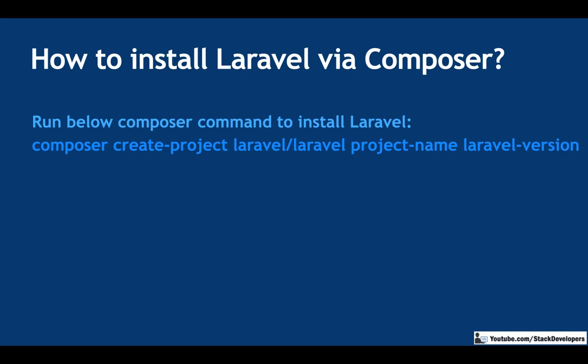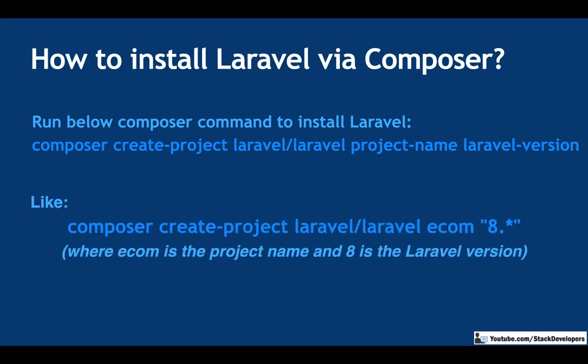So composer create-project and laravel/laravel will remain the same, and after that you need to give your project name and Laravel version. Here let's see the example. See here, it's like composer create-project laravel/laravel ecom 8.*.